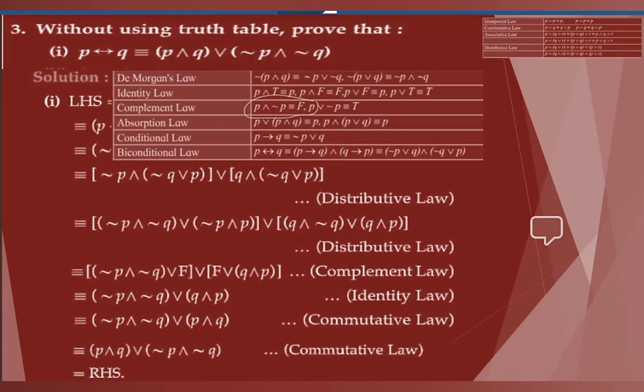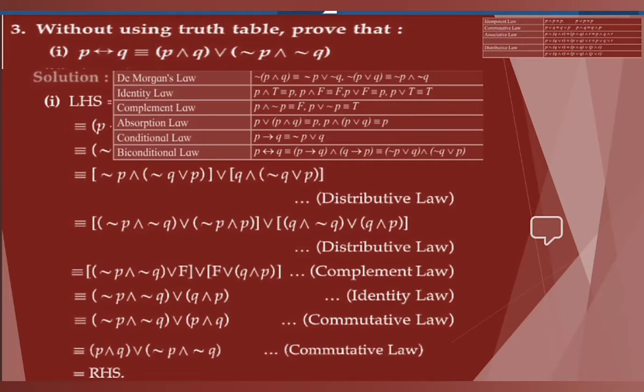Complement law: P and negation P is F, and P or negation P is T. Then we use here negation P and P is F, and negation Q and Q is F. This statement we write as it is, this or as it is, and here we apply the complement law, F, this or as it is, and here Q and negation Q means F, and this we write as it is.